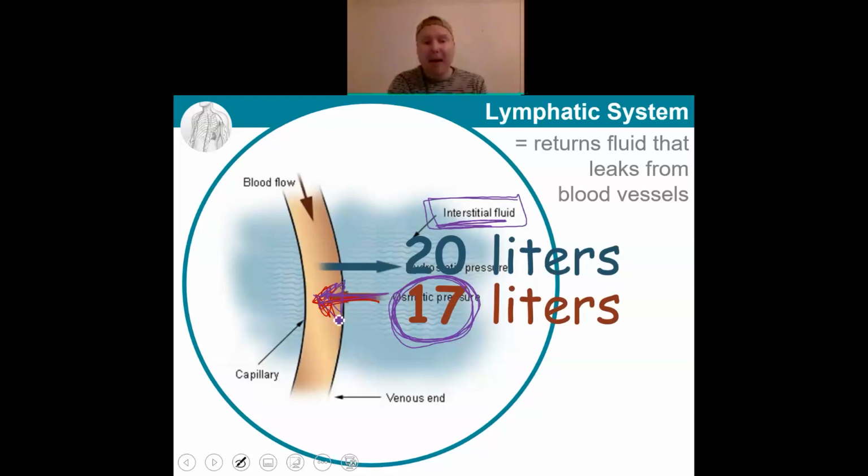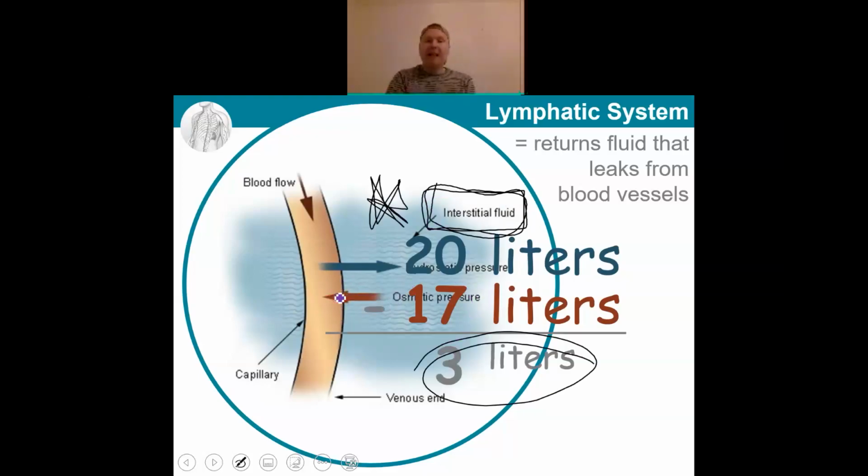So if my math serves me correct, that leaves us with 3 liters of extra interstitial fluid every day. So every day we have between the cells this plasma, which we now call interstitial fluid, 3 liters of that.